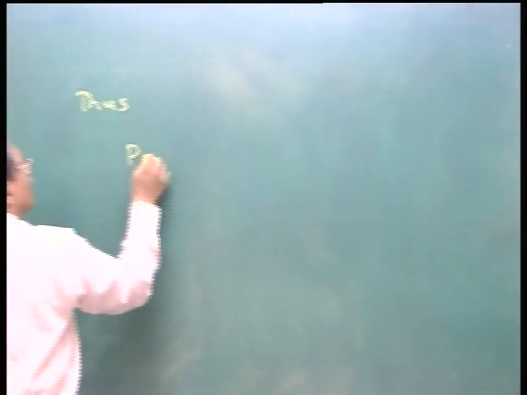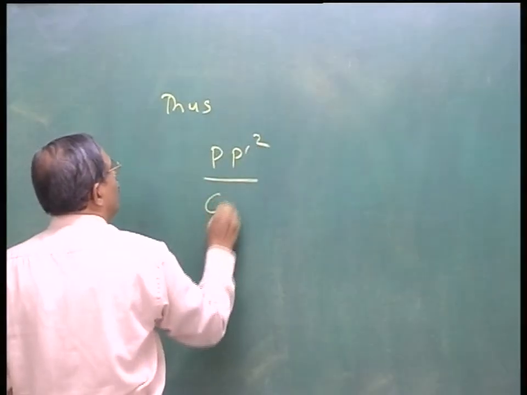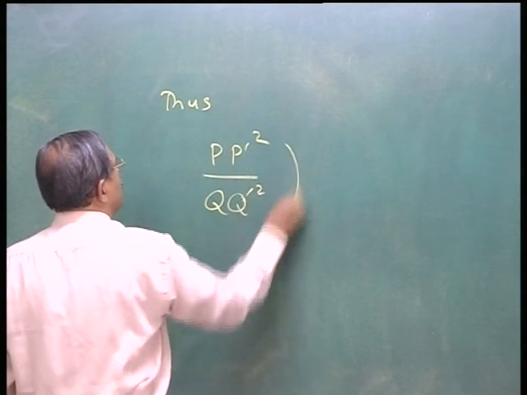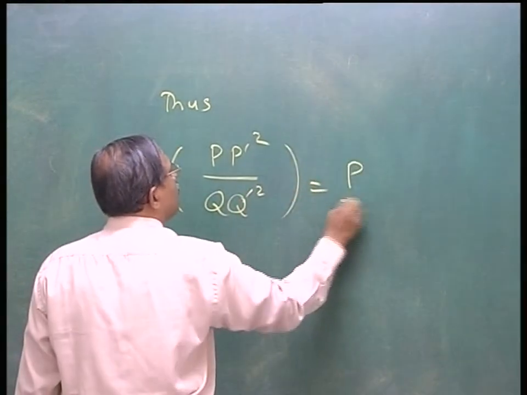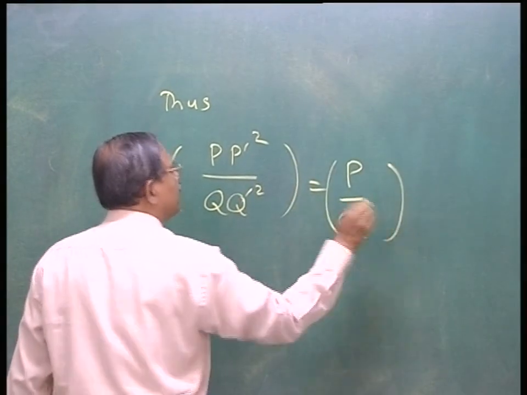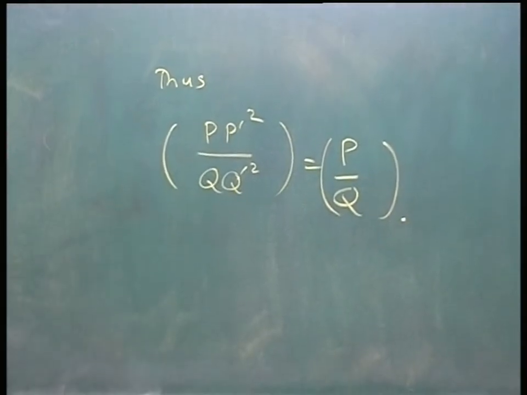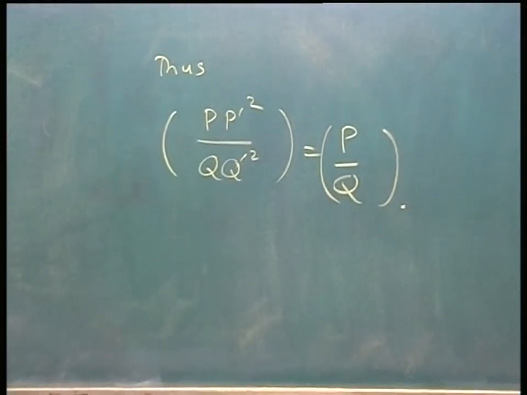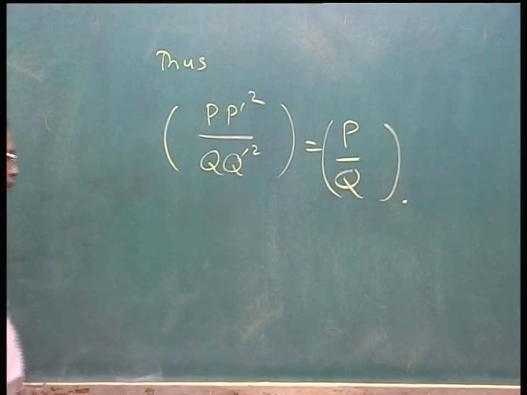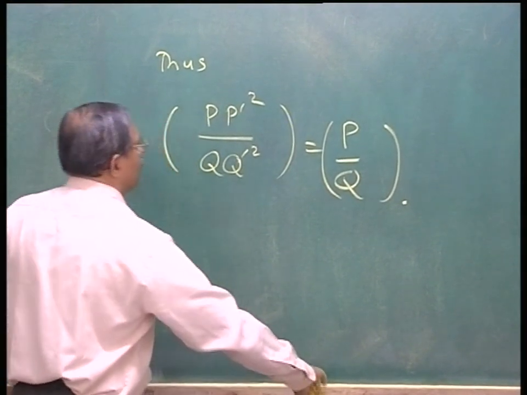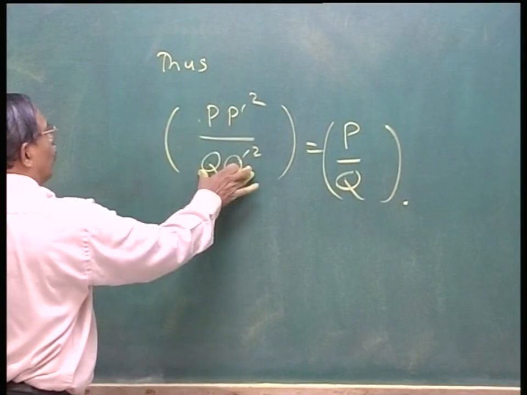Thus, we can forget about the squares. When you evaluate the Jacobi symbol, you can forget about the squares. The only condition is that these should be coprime.